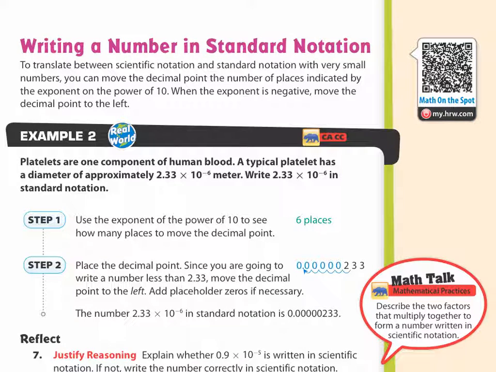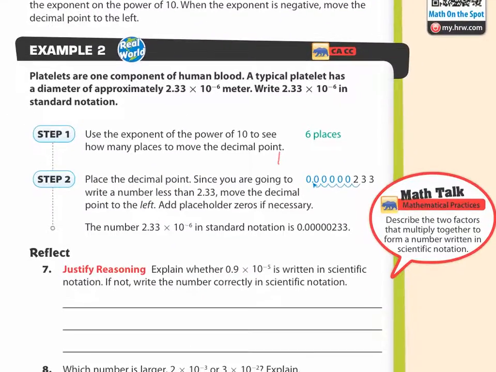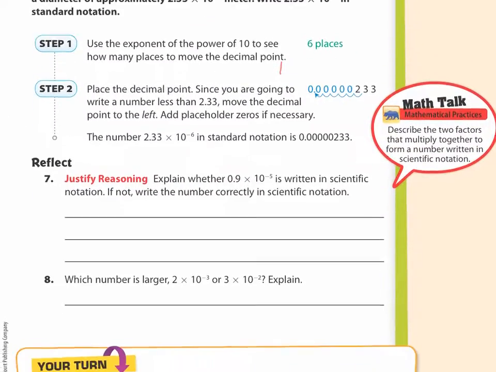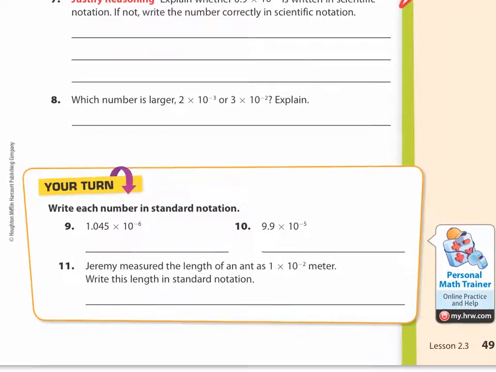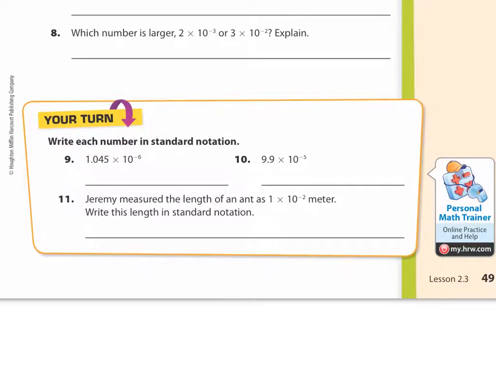Scroll to the bottom. If you want to read through this example, it's definitely a good resource. But let's go straight to the your turn. This first number, 1.045 times 10 to the negative 6. It's important that negative 6 means that the number is going to be really small when it's in standard notation.